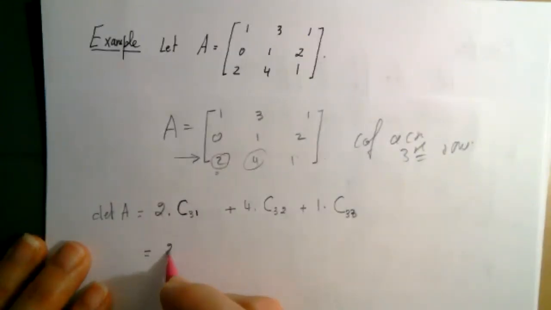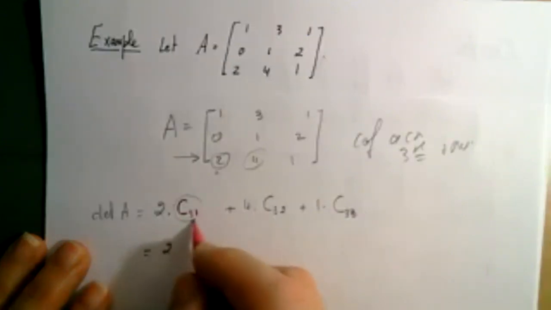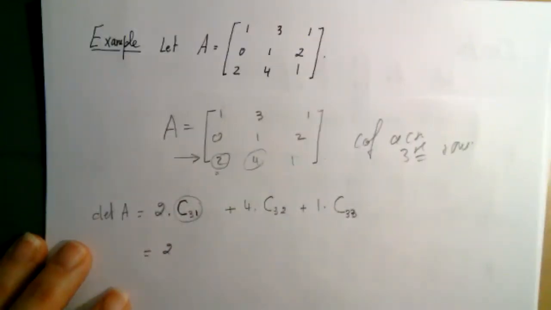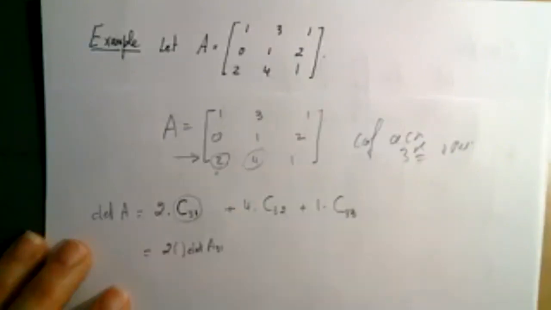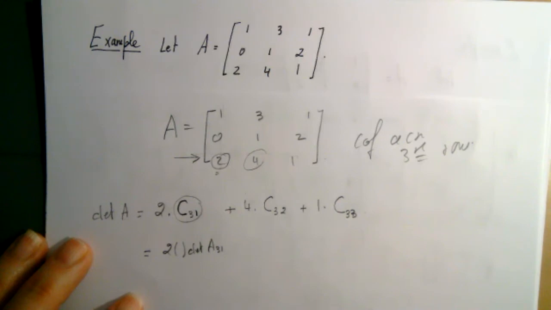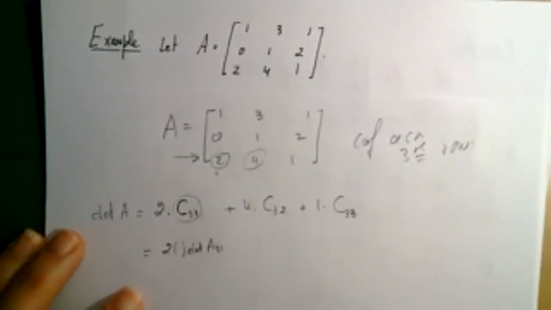The 2 is a 2. Now, C31. Is this positive, the determinant? So that's the determinant of A31 times a certain sign. Is this sign positive or negative? That's the question that changed from before.